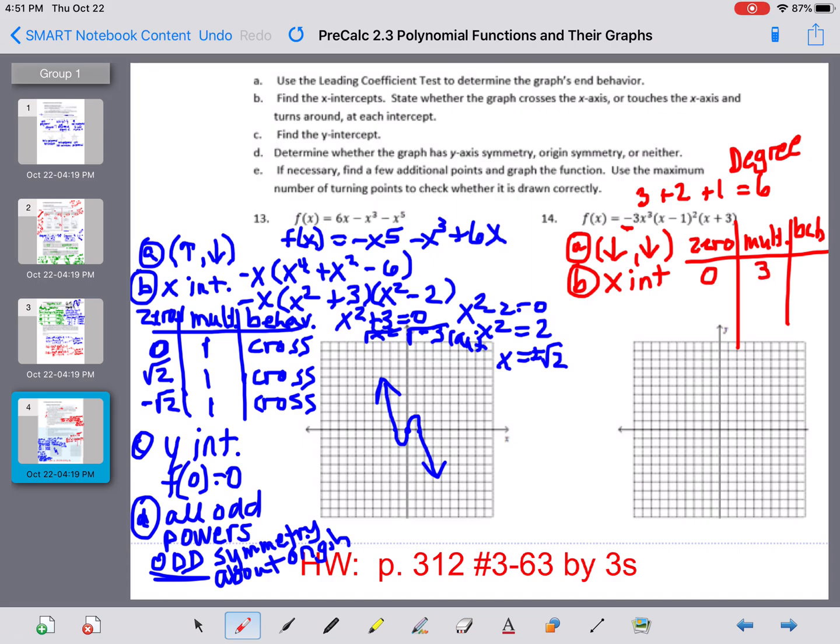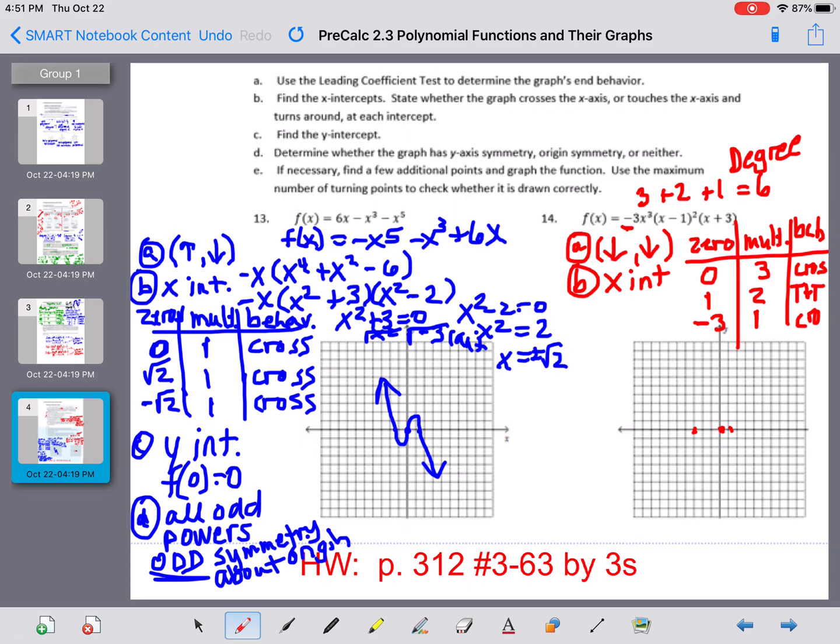There's a multiplicity of 3, which means it's going to cross. The next one is x equals 1, because 1 will make that equal 0. It's multiplicity 2, which means it's going to touch and turn. Hopefully you remember what those t and t mean. The last one is -3. It has multiplicity of 1, so it's going to cross. Okay. So it's 0, at 1, and at -3.